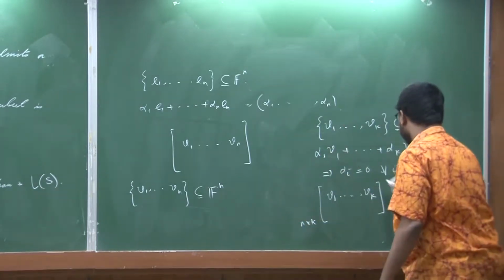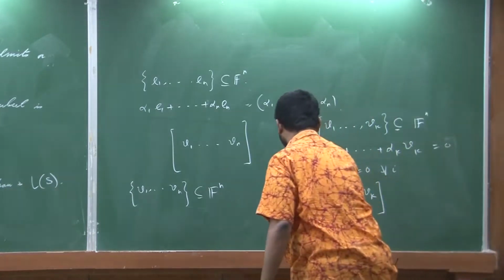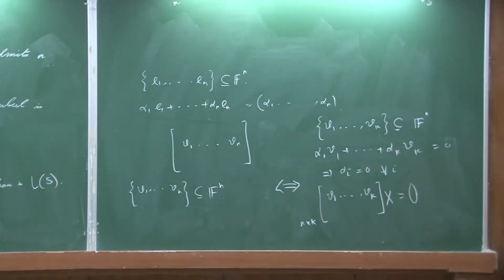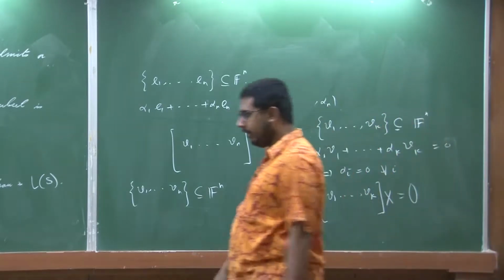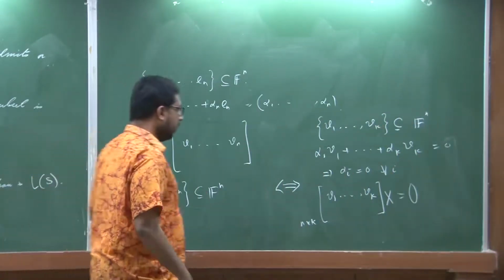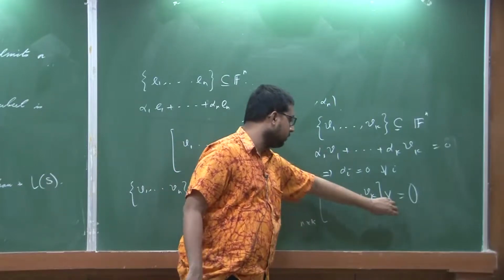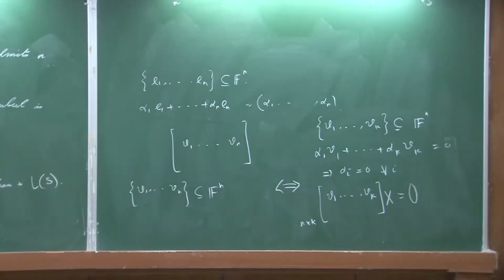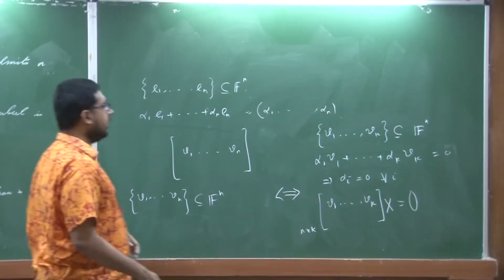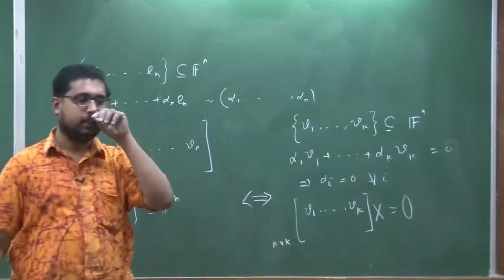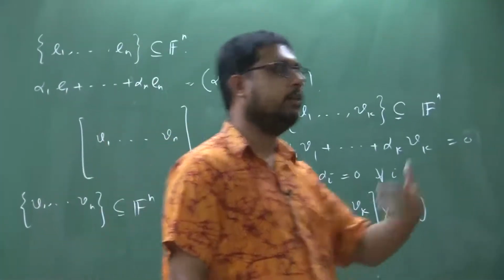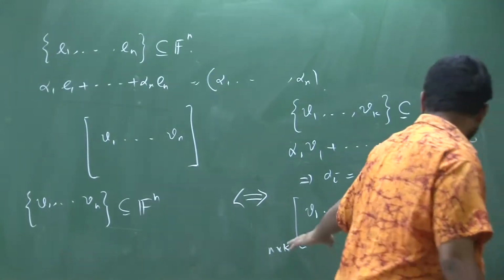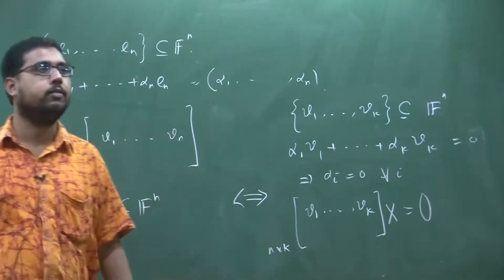So, this is linearly independent if and only if the following system has only the trivial solution, right, because if it has a non-trivial solution, then we will get a combination which is 0, but one coefficient is non-zero. So, for a given set of vectors in Fn, we have a method to check whether that set is linearly independent or dependent. How do we do it? We convert that into the following homogeneous system of equations.